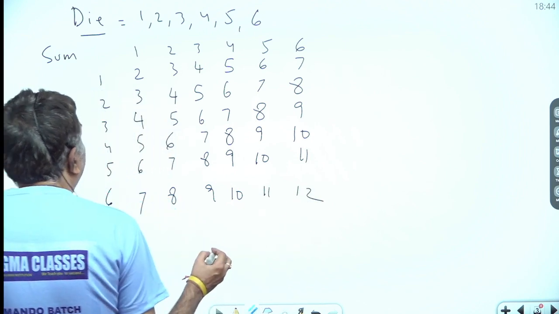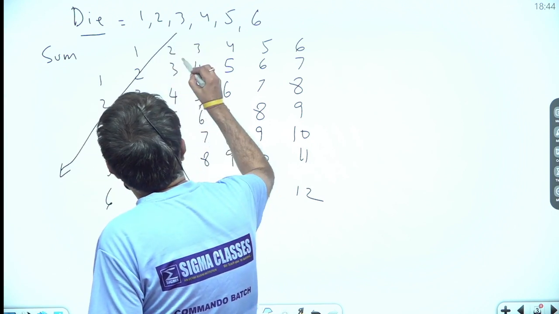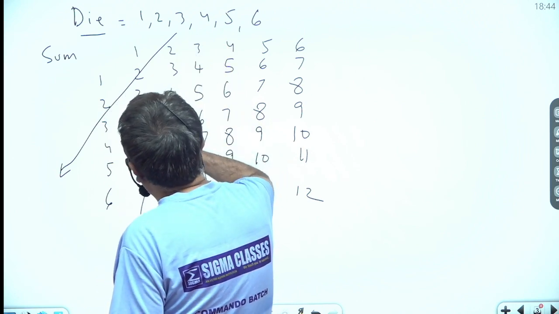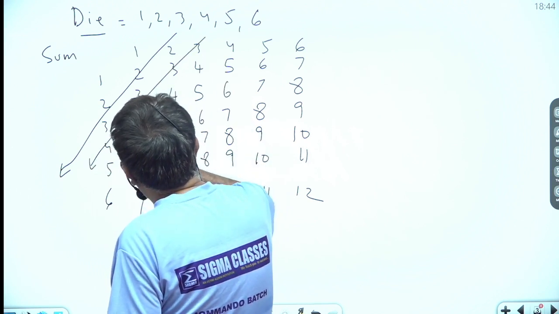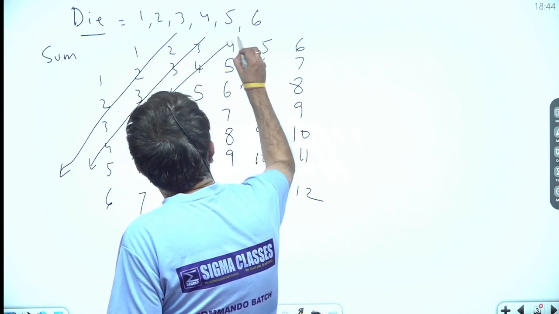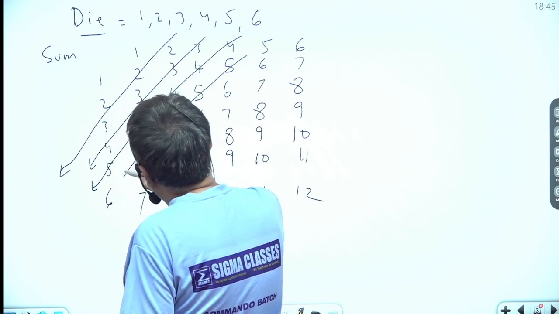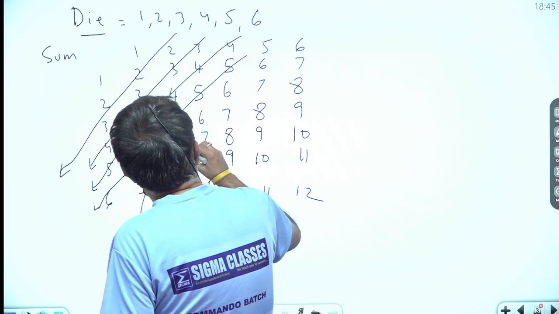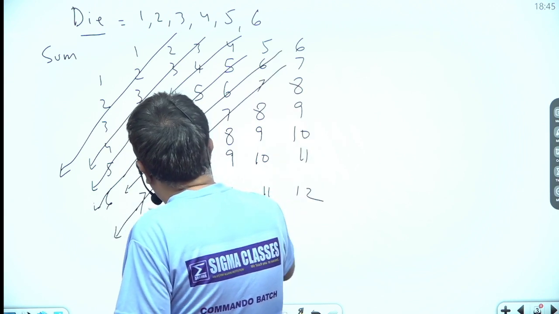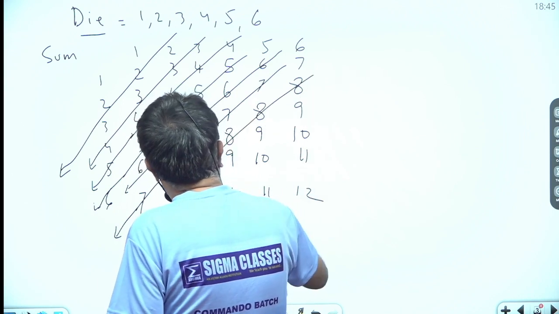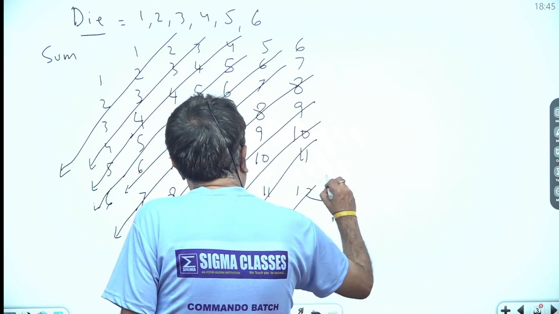Now can you see a pattern? You see 2 is available only one time. 3 total, the 4 total is available 3 times. 5 is available, and so is 6, 7 and 8, 9, 10, 11 and 12.